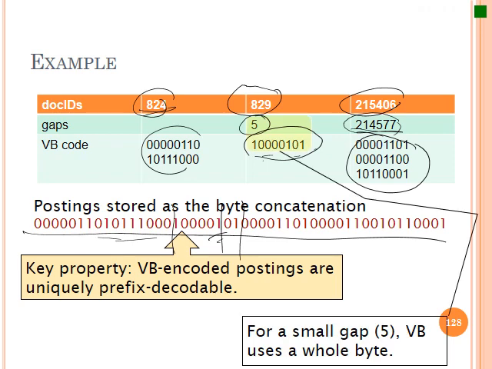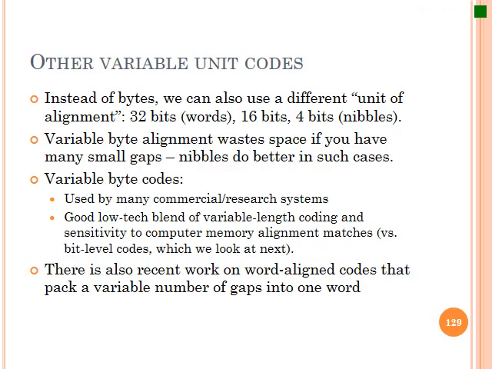For a small gap, notice here, VB uses a whole byte, which is still not good enough. Okay, so there are other variable unit codes, right? Instead of bytes, we can also use different units of alignment, like even 4 bits.